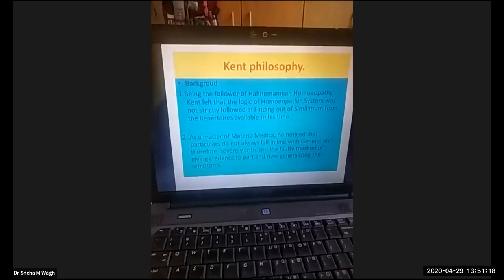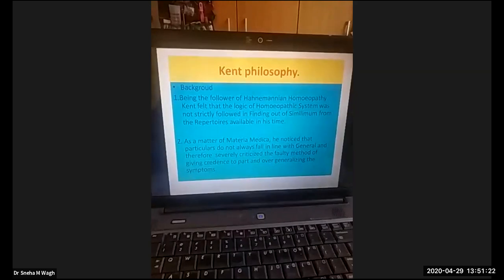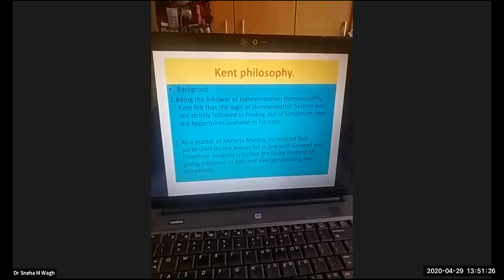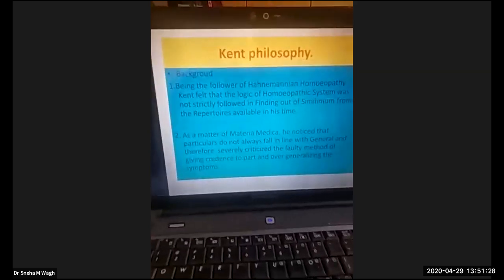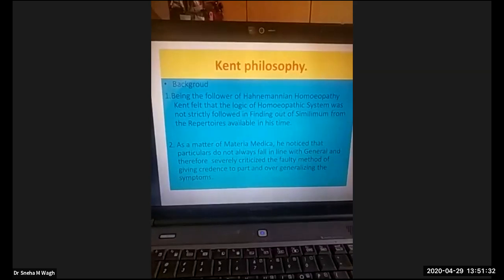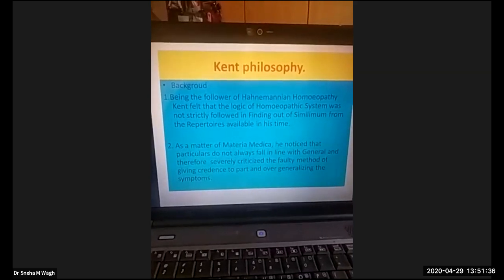Kent's philosophy: being a follower of Hahnemann, Kent felt that the logic of the homeopathic system was not strictly followed in finding out the simillimum from the repertories available.